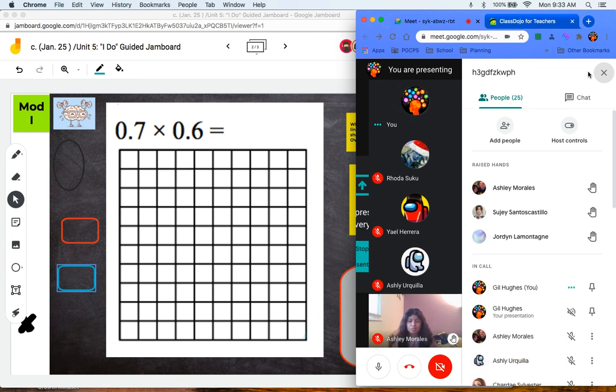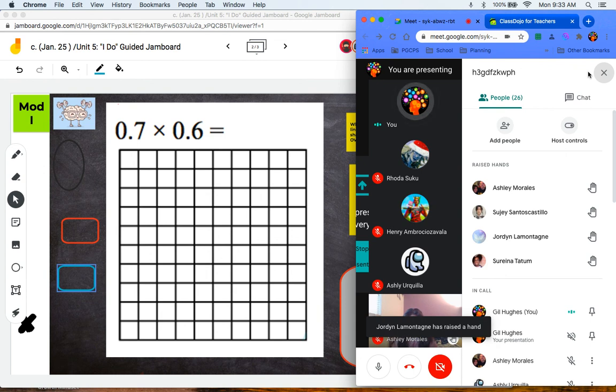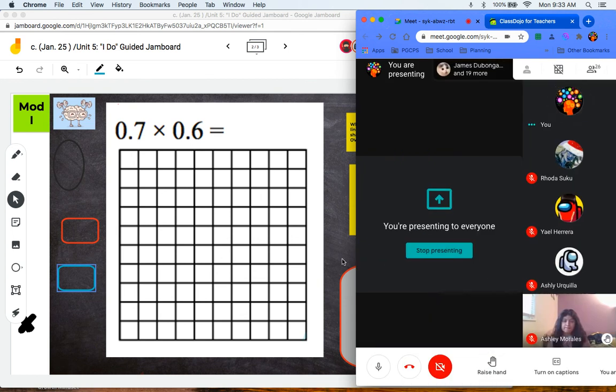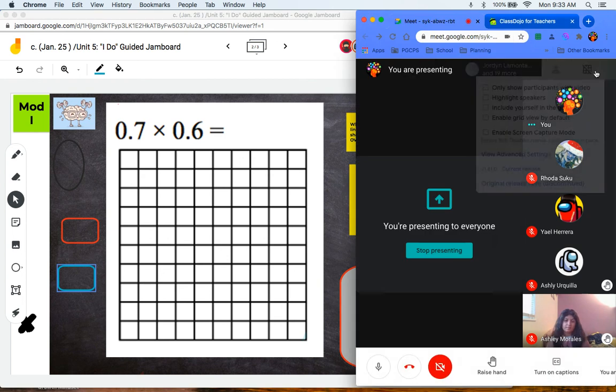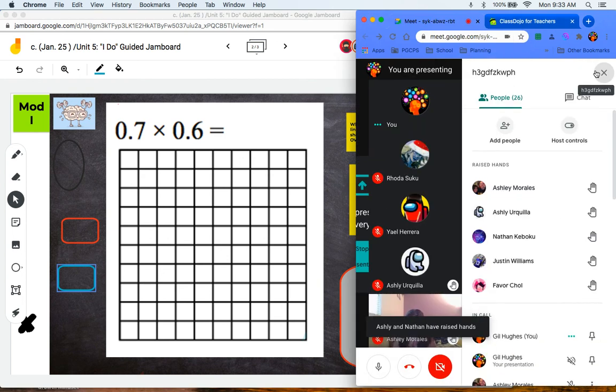Going once, going twice. All right, so far I got 3 votes for the first number sentence. All right, show of hands for 7/10 times 3/10. Looks like the second one wins. I got 5 votes to 4 votes. Going once, going twice. Cool.